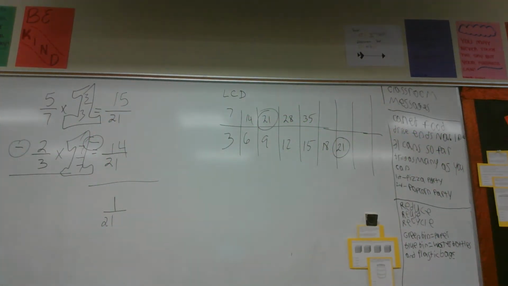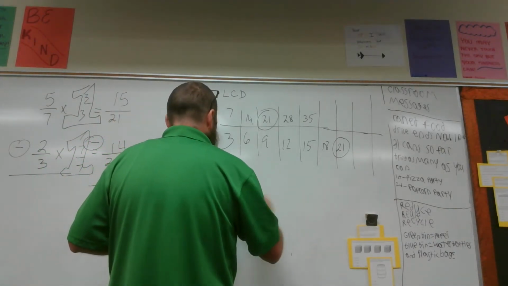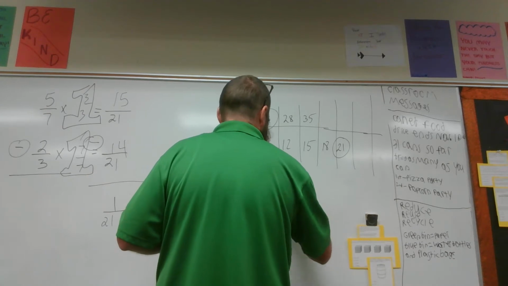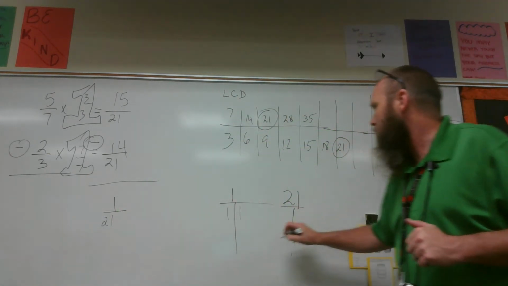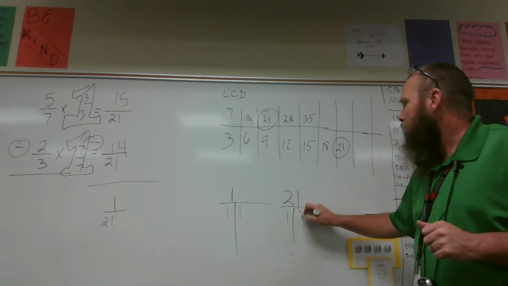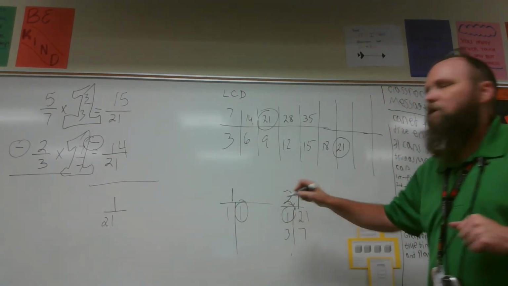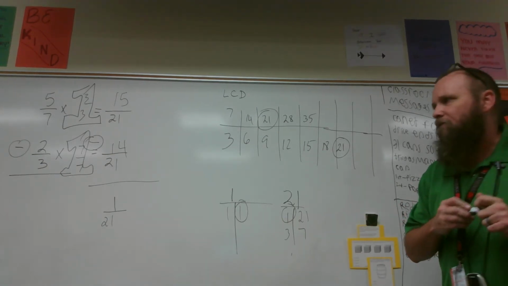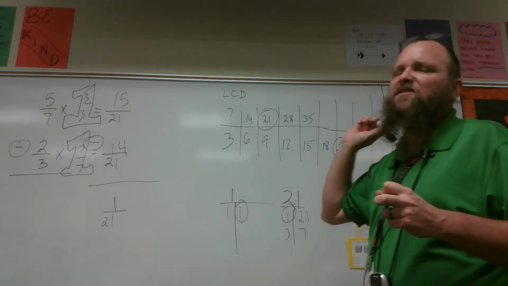Just to check it, I could find my factors for 1 and 21 and see what they have in common. 1 times 1, 1 times 21, 3 times 7. The only thing they have in common is 1. So if I divided these both by 1, I would still end up with 1/21.